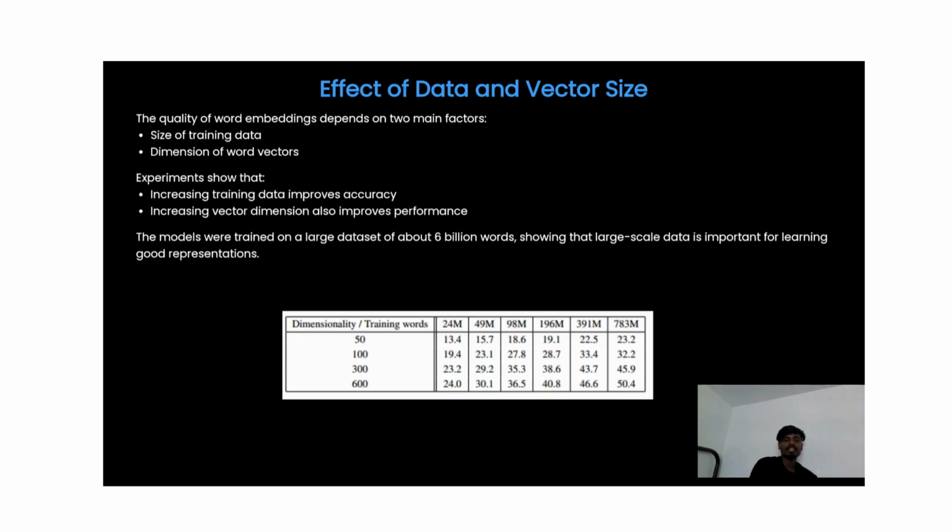On the syntactic side, words like think, thinking, or mouse, mice show grammar transformations. So the model is tested on many such pairs to check whether it correctly captures these relationships. If the model can solve this correctly, it means it has learned both meaning and grammar effectively.